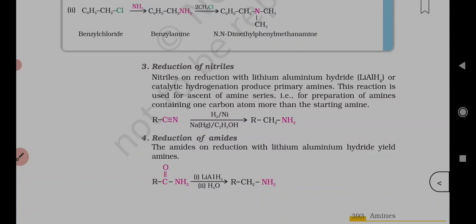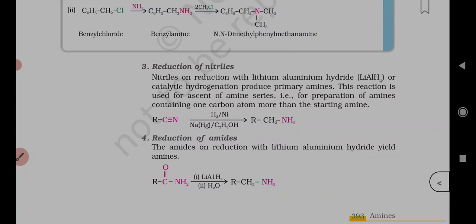Propanamine contains 3 carbons. Hence, the amide molecule must contain 4 carbon atoms. Okay, this is done. The structure and IUPAC name of the starting amide with 4 carbon atoms are given.